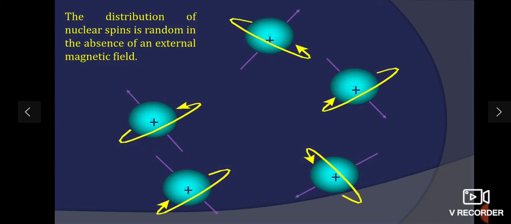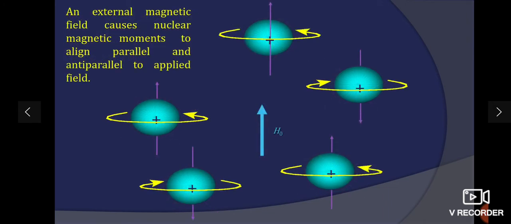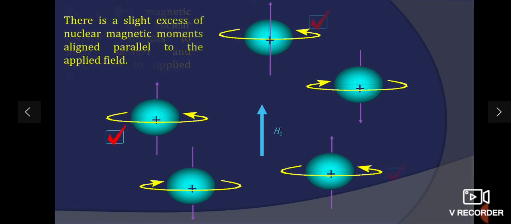This slide explains that the distribution of nuclear spins is random in the absence of an external magnetic field. This slide explains that an external magnetic field causes nuclear magnetic moments to align parallel and anti-parallel to the applied magnetic field. This diagram explains that there is a slight excess of nuclear magnetic moments aligned parallel to the applied field.